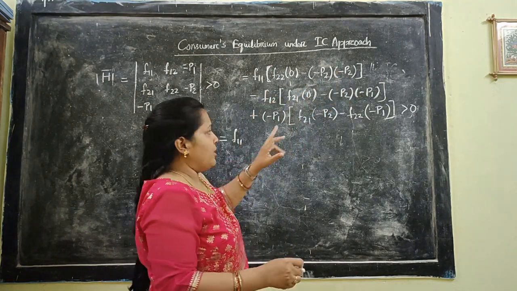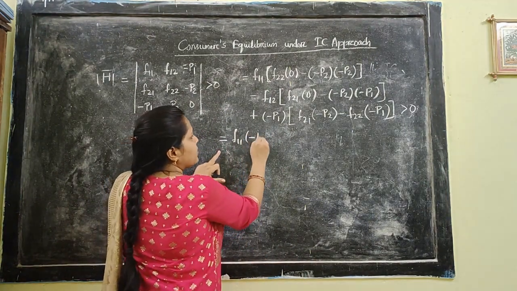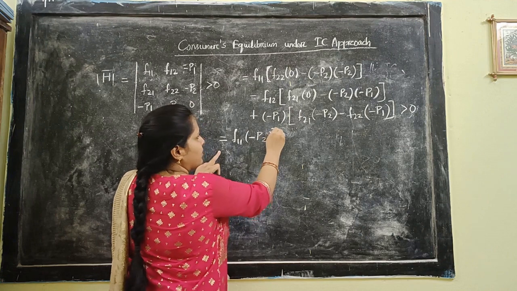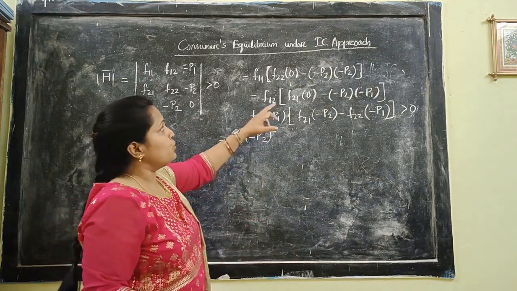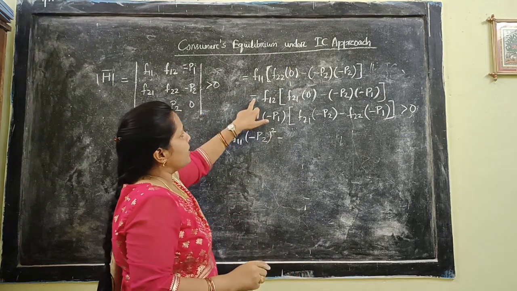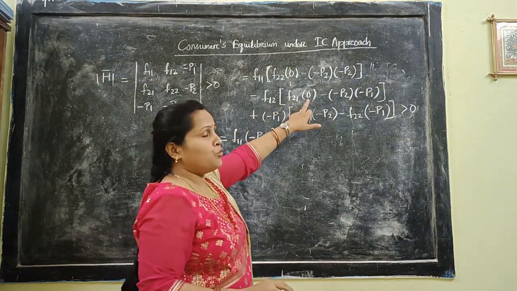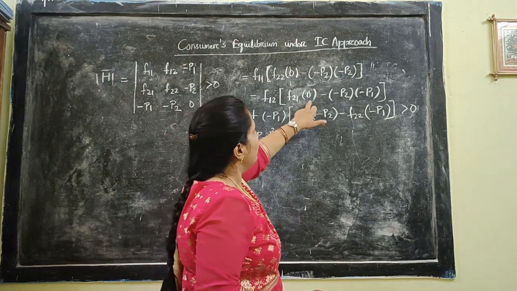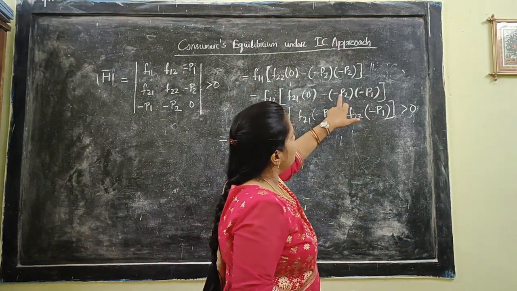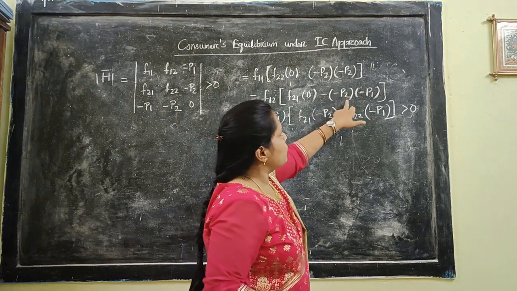So we can write here F11 into minus P2 square. So then minus, here minus is there. First term again will be 0, F21 into 0 will be 0. And in the second term, it will be minus P1 P2. 3 minus symbols are there, so it will be minus P1 P2.